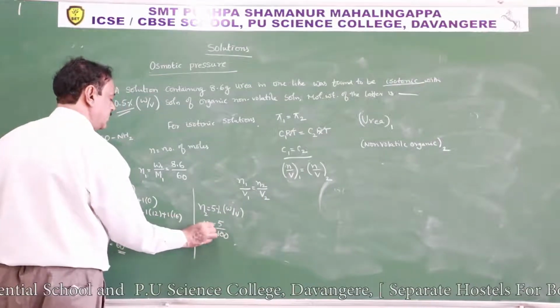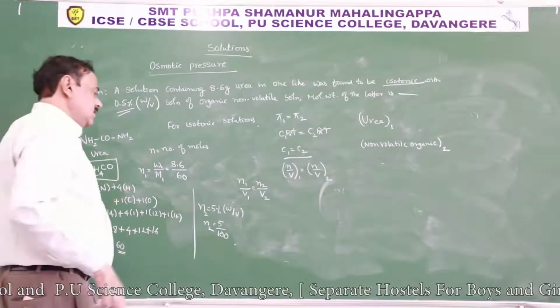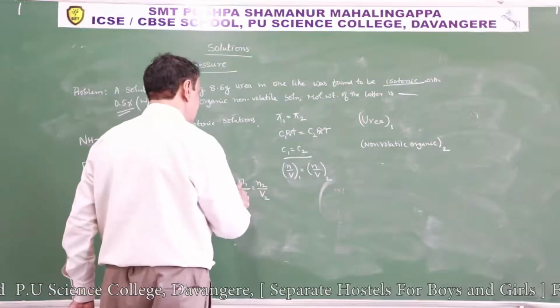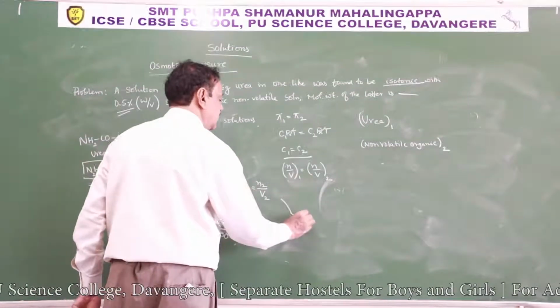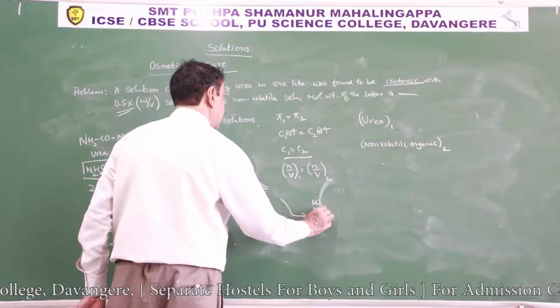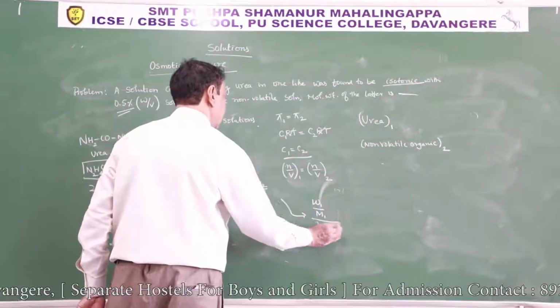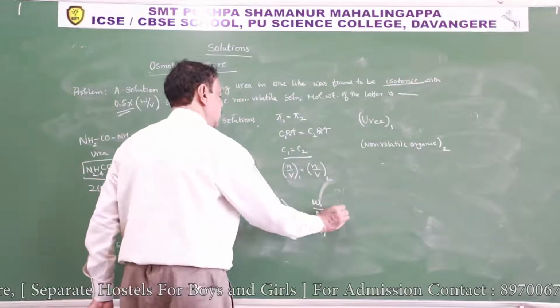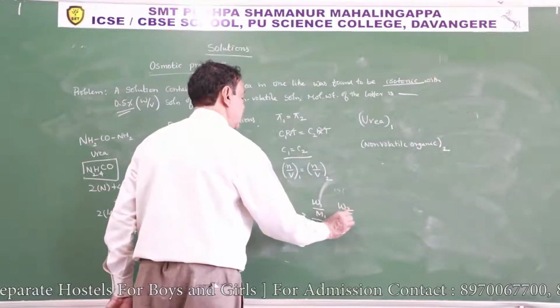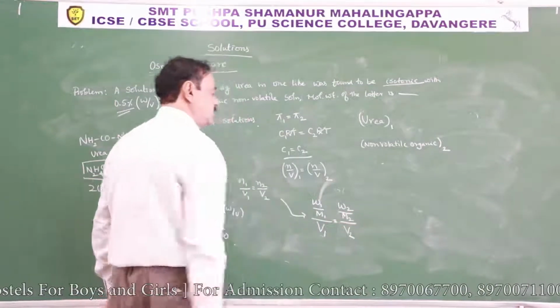Substitute the values here. It is rewritten as W1 divided by M1, whole divided by V1, is equal to W2 divided by M2, whole divided by V2.